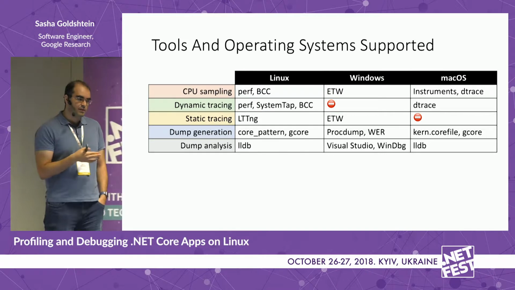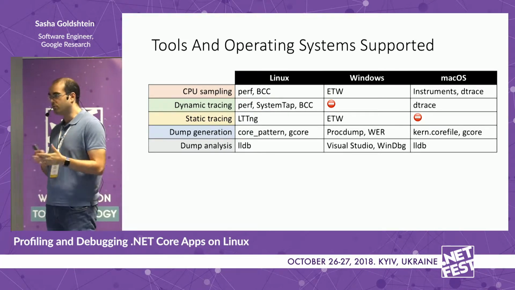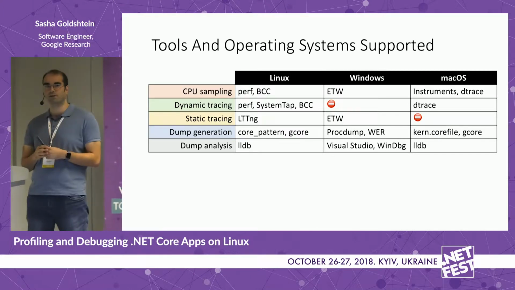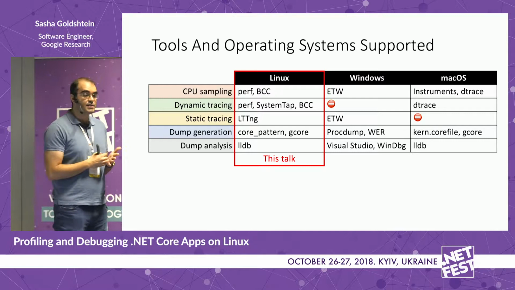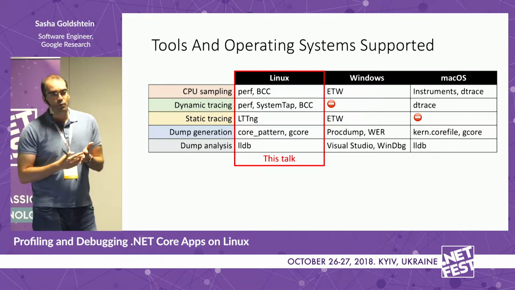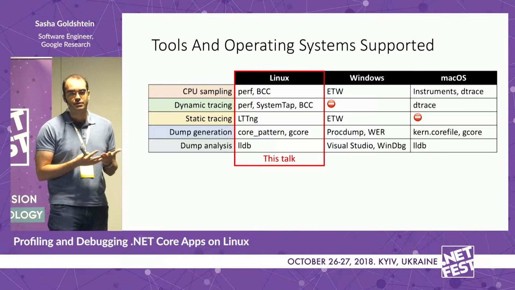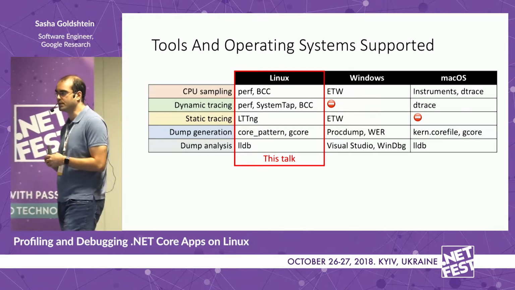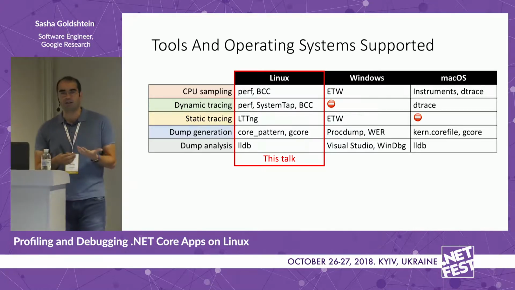So let's talk about the platforms that now support .NET. .NET now runs more or less on Windows, Linux, and Mac OS. We're going to focus on Linux. And there's a few things that we want to be able to do. One is profiling, understanding where the time is going, understanding what the CPU is doing, what the system is doing. Another kind of activity is dynamic tracing.